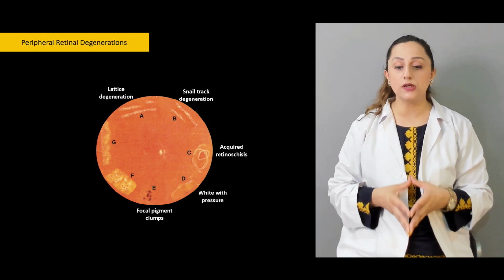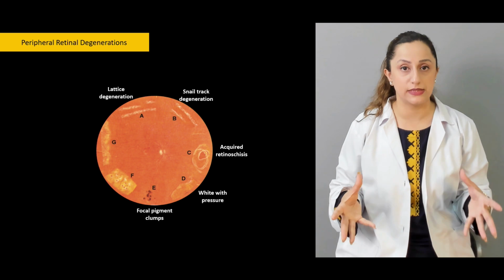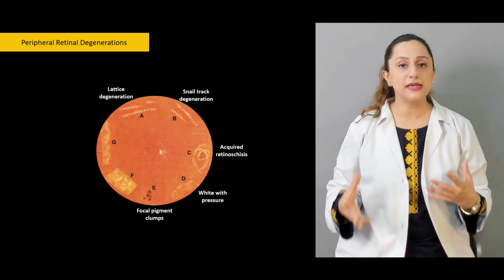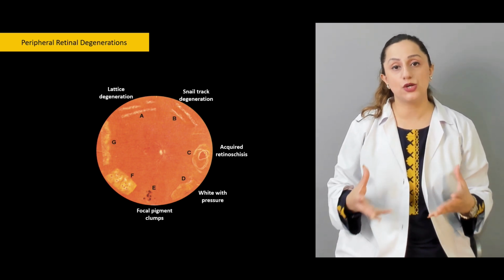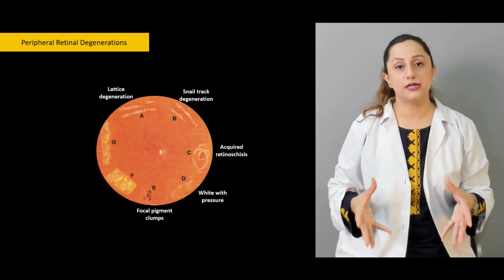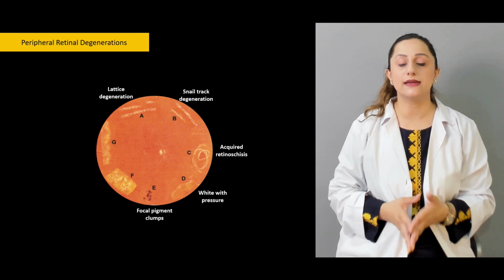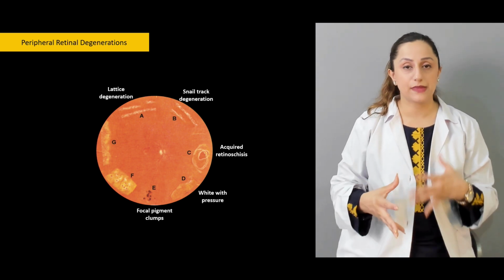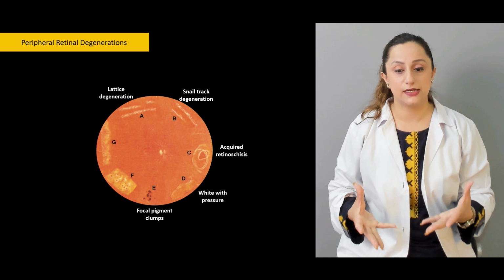Then we have the focal pigment clumping phenomenon. This clumping is due to the pigmentation at the chorioretinal layer. It can be a diffuse chorioretinal degeneration that is occurring, and that basically results in this clumping phenomenon in these individuals.